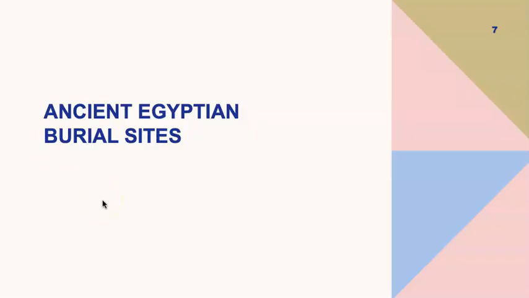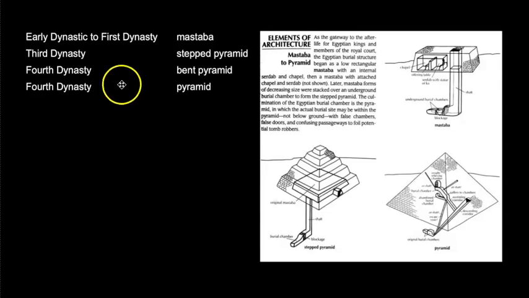Let's get into ancient Egyptian burial sites, which will be the architecture we're going to discuss for today's class. There are 4 specific types of tombs or burial sites Egyptian leaders and noblemen used. In the early dynastic to first dynasty period, there were mastabas, which were flat roofs on each of the tombs.